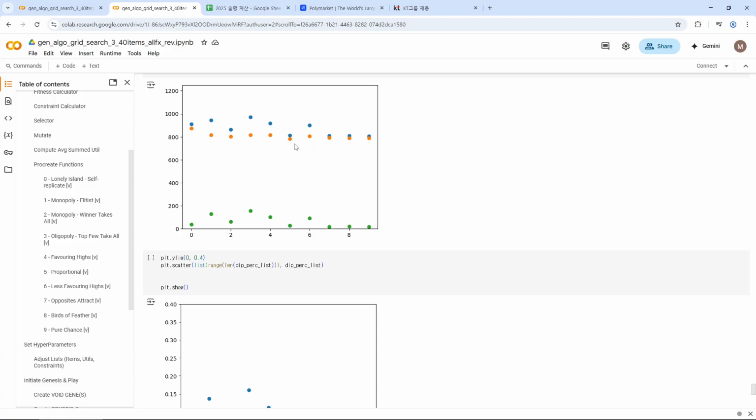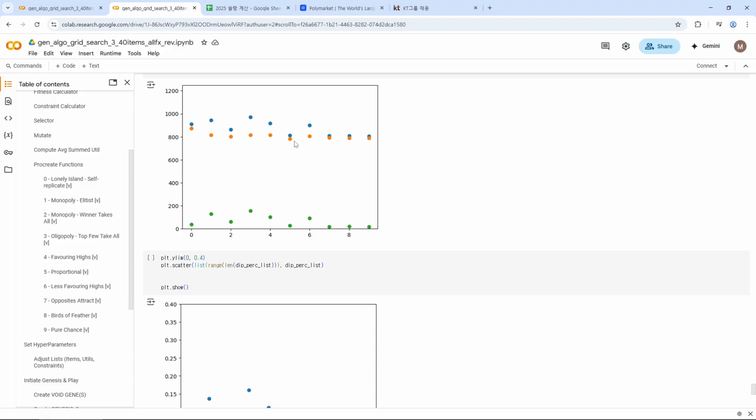However, this one, the fifth one, proportional, is also very similar. So these four produce very similar results.